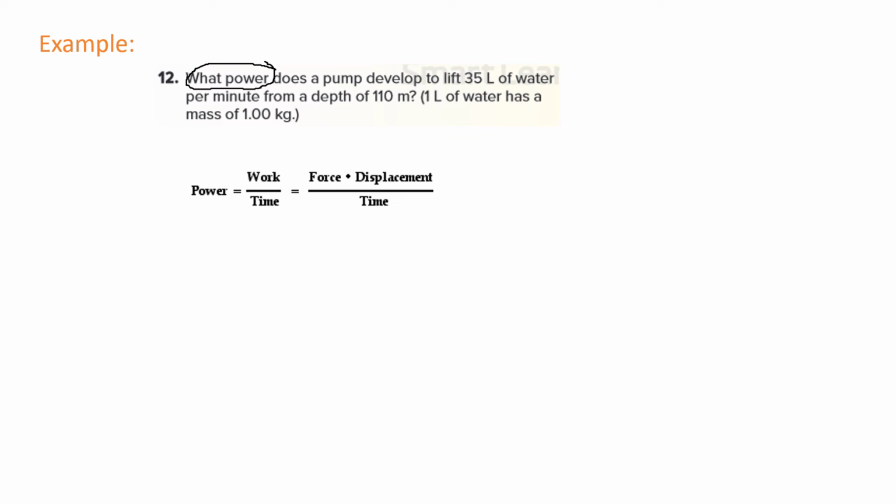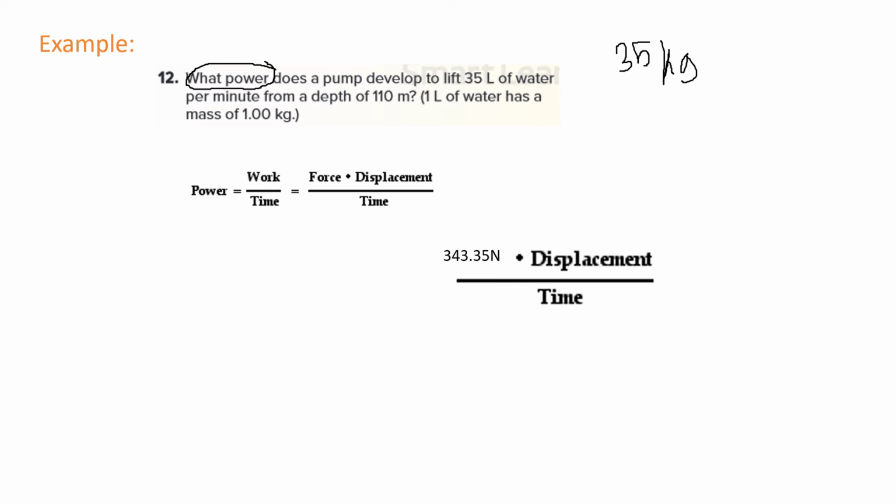So we have the mass. We can convert 35 liters, as it says that 1 liter of water has a mass of 1 kg, so 35 liters is the same as 35 kg. And the force, we need force.